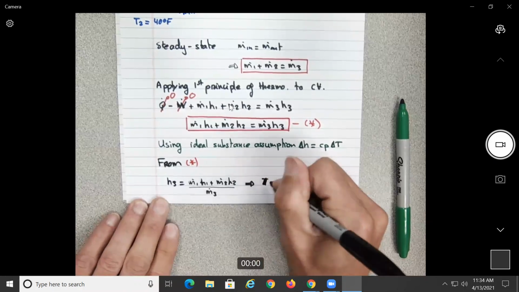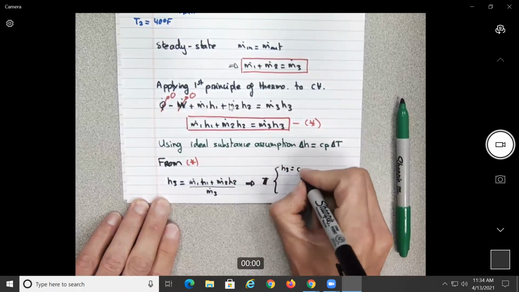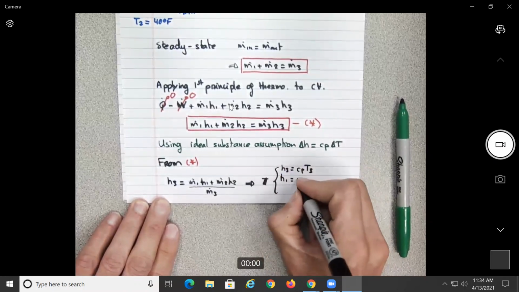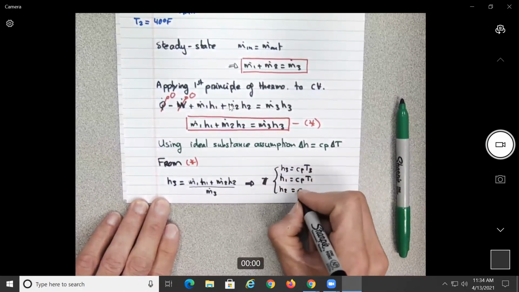Let me not go too fast. We can substitute H3 by Cp T3, H1 by Cp T1, and H2 by Cp T2.